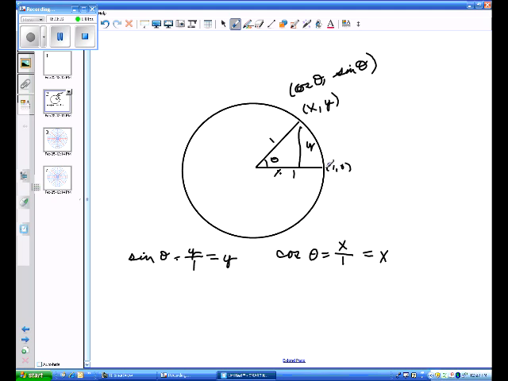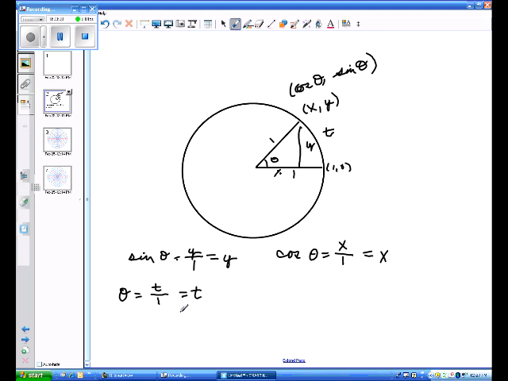Now, let's define this arc length from 1, 0 to this point to be t. As we've looked at radians, we found that our central angle was equal to the arc length over the radius. So in this case, theta is equal to t over the radius, which is 1. So in radians, our angle is t.